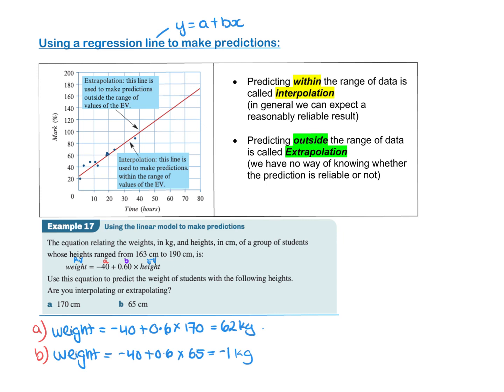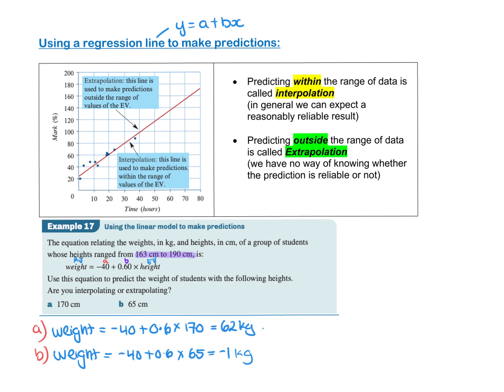So what happens is, if we look at this, their data only collected kids from 163 to 190. So that was the range that they collected from. So it's not going to be reliable, and as we can see, if we start using this formula for children that are smaller than that, it doesn't even prove to be right.